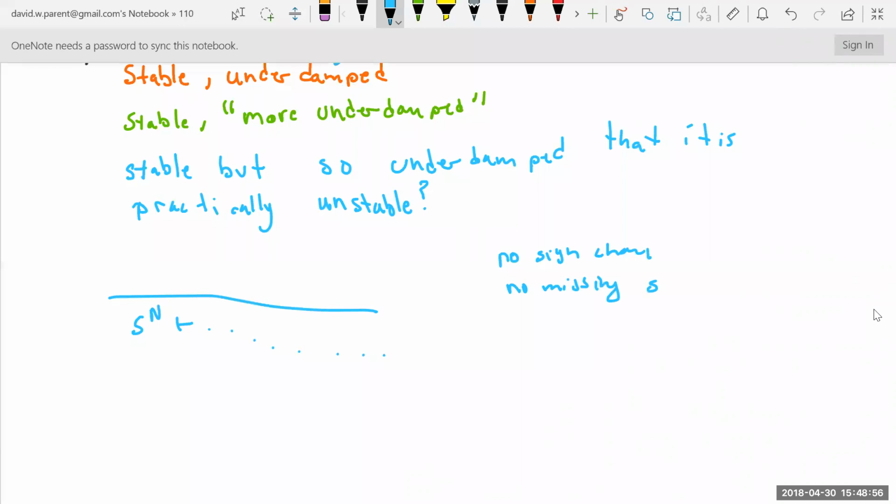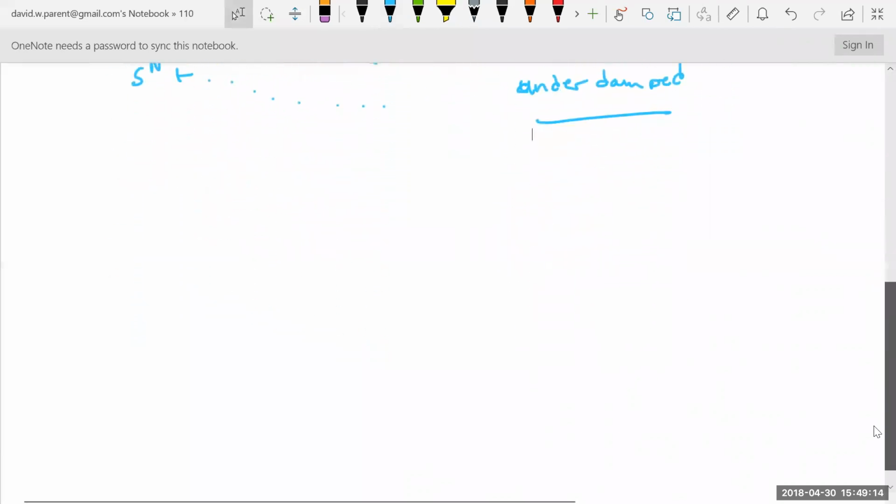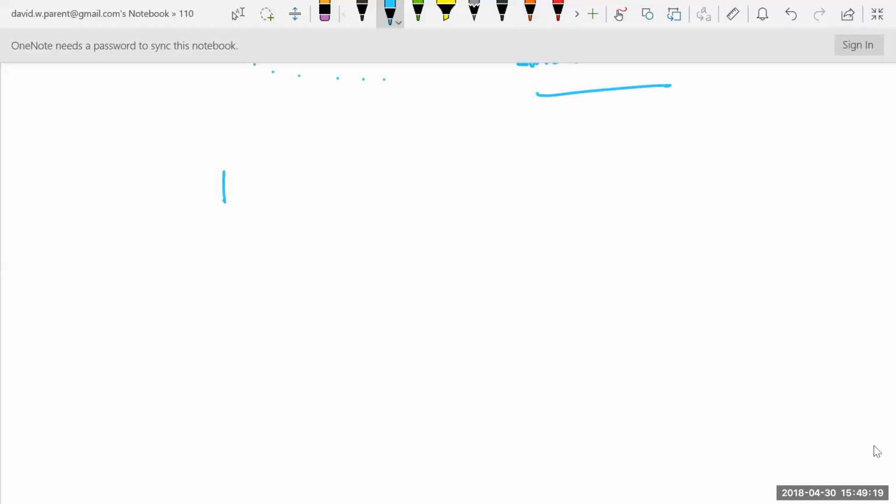But I would also put in underdamped, which I think math folks had trouble with. And there's something called phase margin, all right?